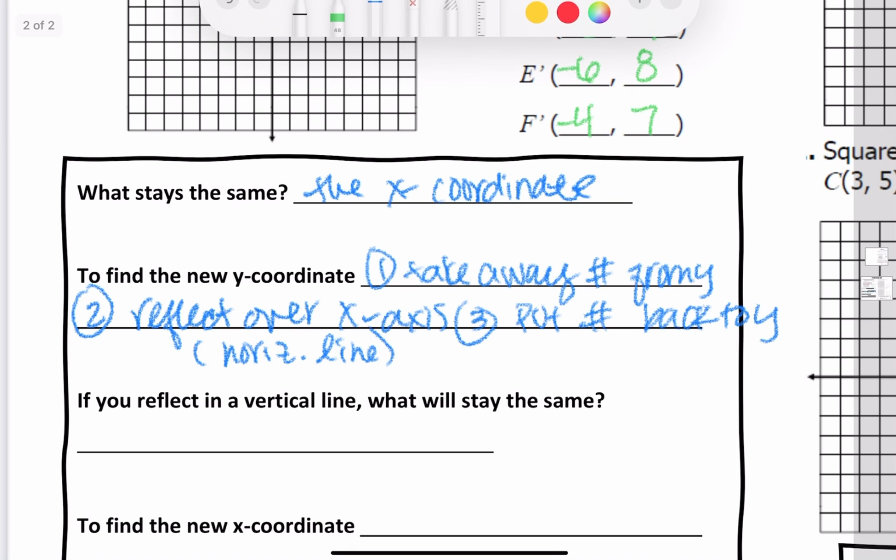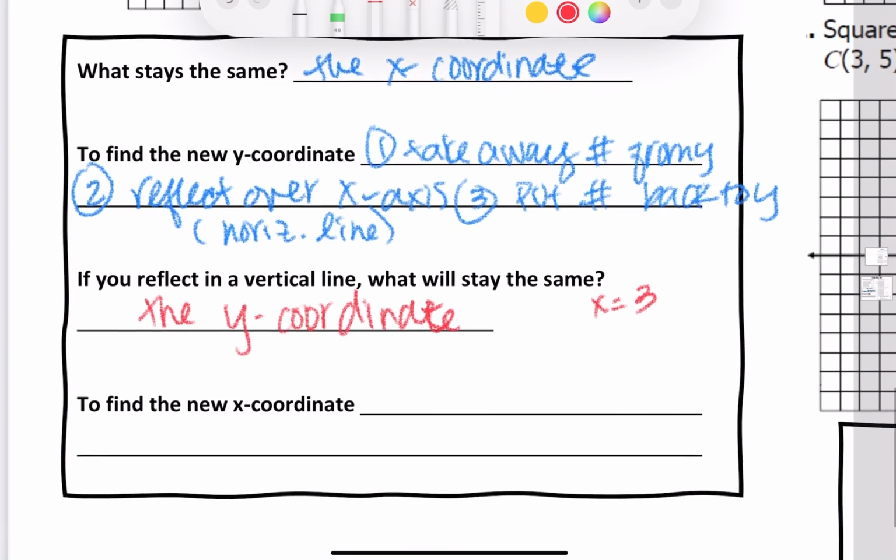Now, something similar happens when we do it on a vertical line. In a vertical line, your y value is going to stay the same. Say you were flipping it over something like x equals 3.